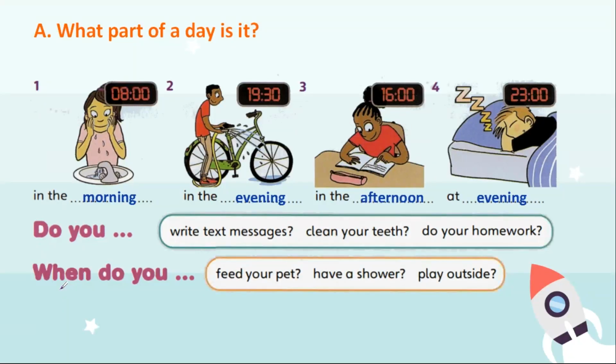My question is still feed your pet. When do you feed your pet? I feed my pets at 5 o'clock. Okay. So when do you have a shower?